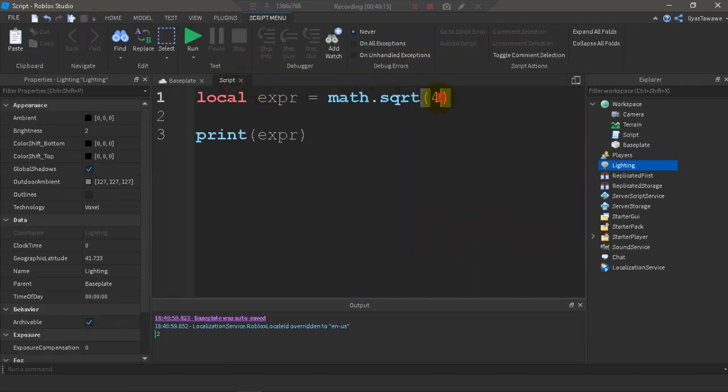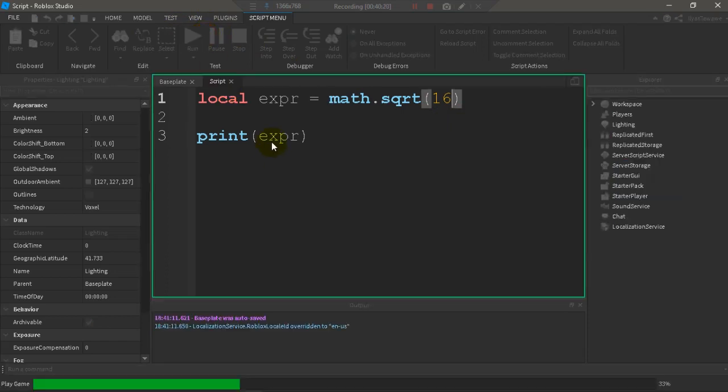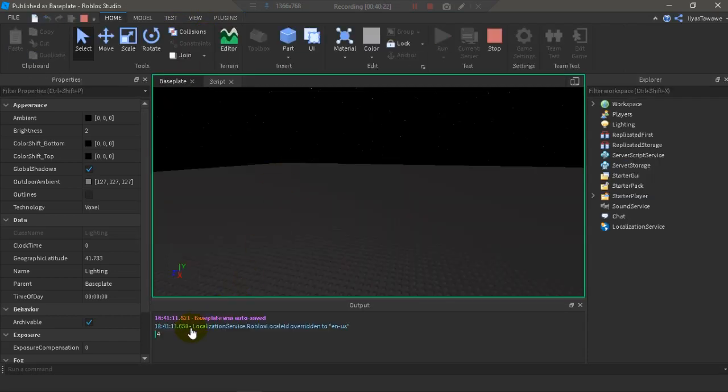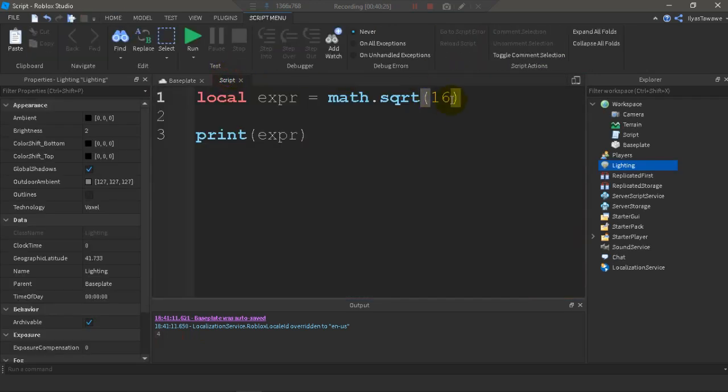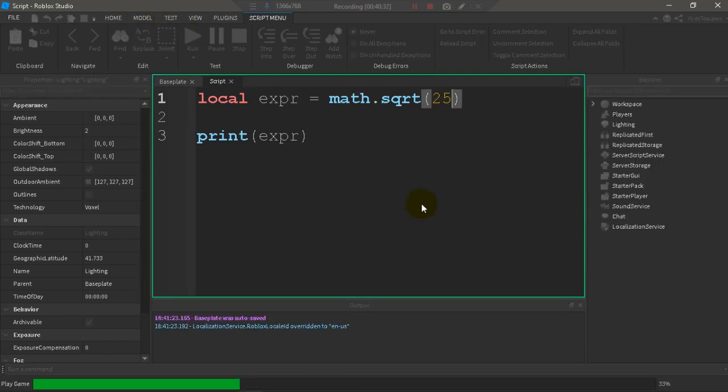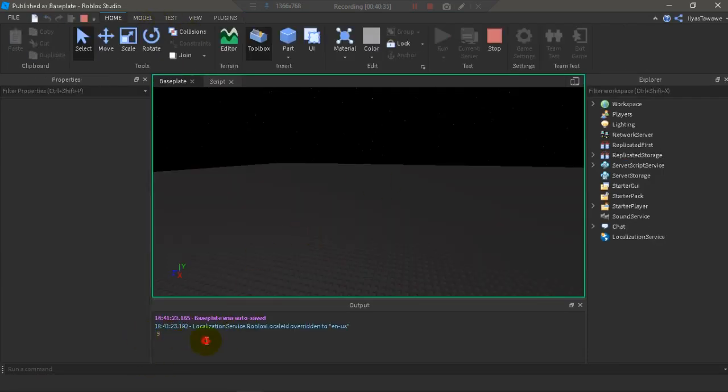What about, for example, 16? As you see, 4. What about 25? Run. And it's 5. So the square root of 25 is 5, because 5 times 5 is 25.